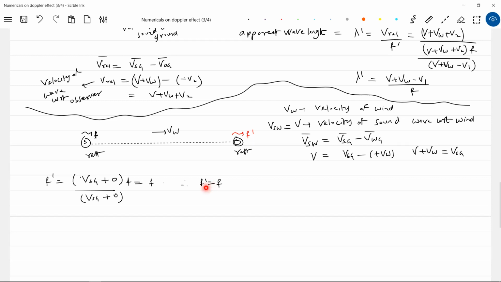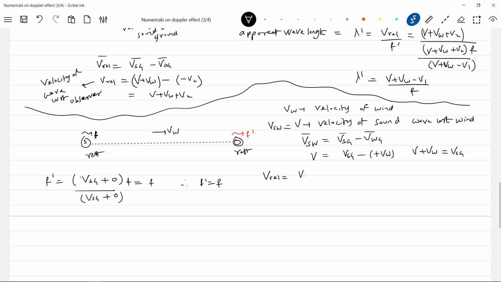What about the wavelength? Let's see wavelength here. Now lambda dash is equal to V relative by F dash. What is V relative? Velocity of wave with respect to observer.